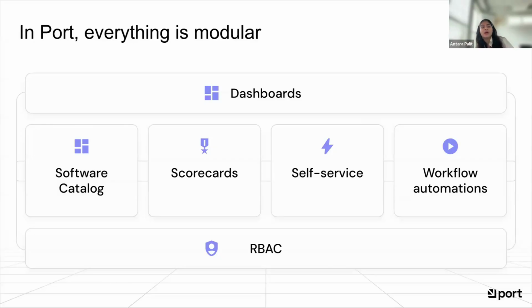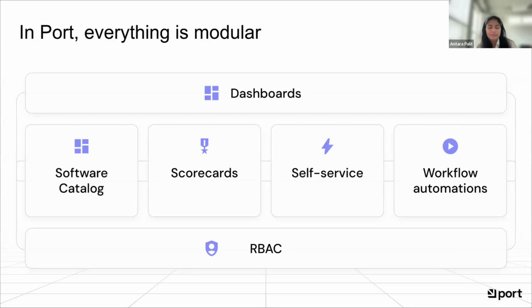It's a one-stop view of everything that matters to you. Then there are scorecards. We don't enforce a strict definition of what it means to be production ready, and that's intentional. After talking to a lot of teams, we've learned that it means different things to different people. In Port, you get the flexibility to define and build your own standards, and you decide what matters most to your organization.